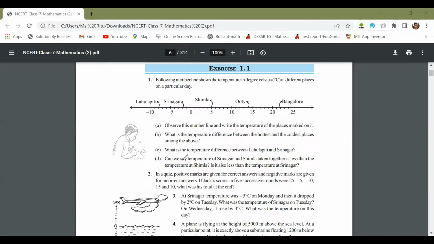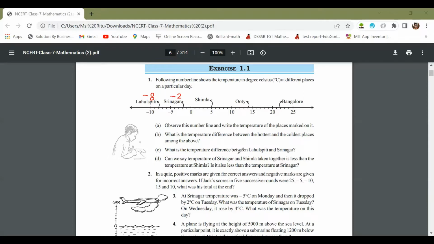All right, let's see the C part now. We have to find the temperature difference between Leh and Srinagar. Leh, we know, is -8 and Srinagar is -2 degrees Celsius. So we write: temperature at Leh equals -8 degrees Celsius and temperature at Srinagar equals -2 degrees Celsius.